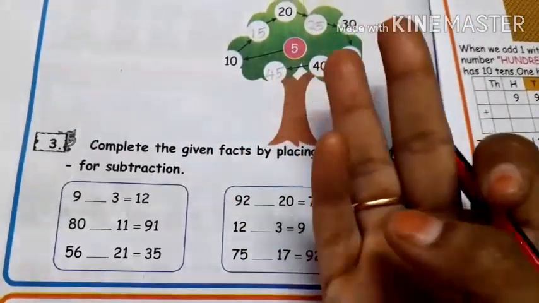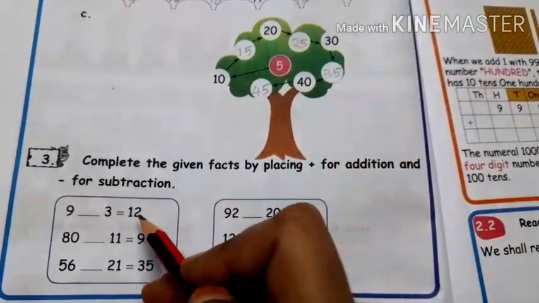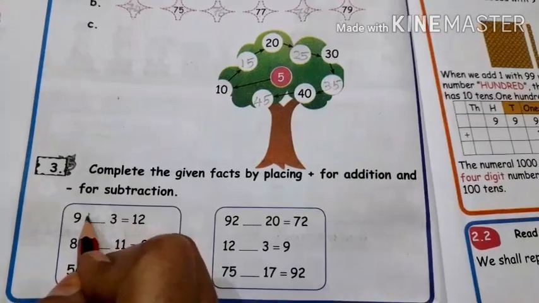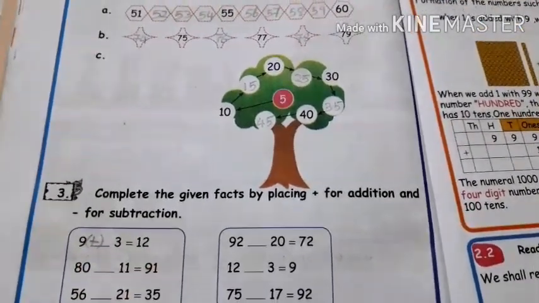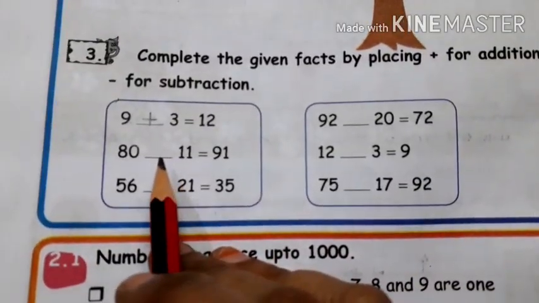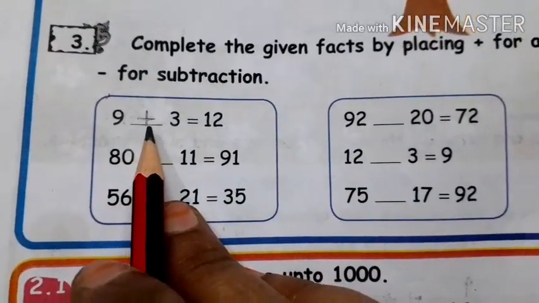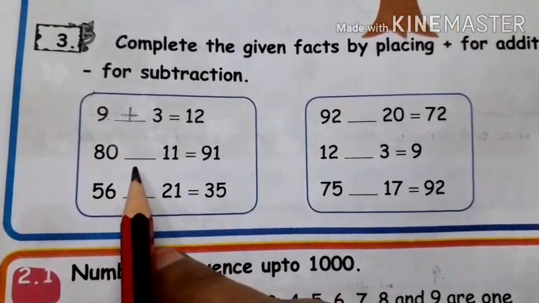After 9: 10, 11, 12. What answer are they given? 12. So you have to put plus. On the dash you have to put plus.